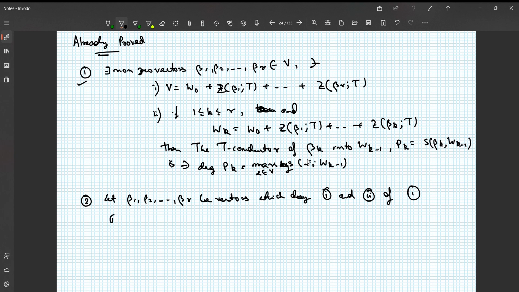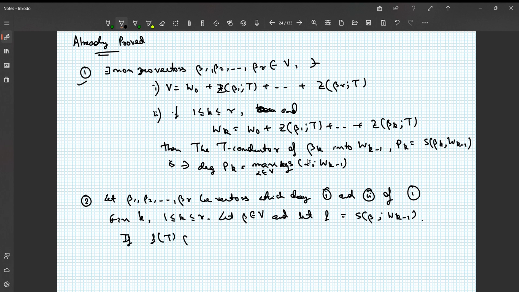We fix a k within the range 1 to r. Let us choose a vector beta from V, and let f be the T conductor of beta into Wk minus 1.